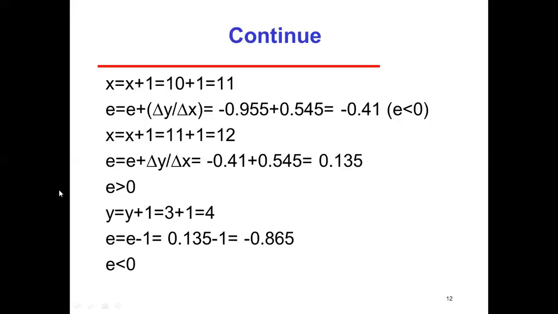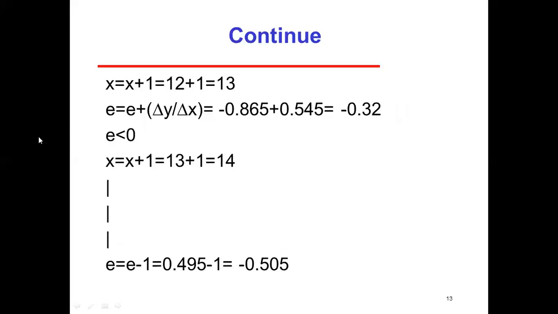We can write here E is less than 0, and then again add x is equal to x plus 1. The last value we have already solved, 12 plus 1 is 13. And the new value of E is equal to E plus delta y over delta x, and this will come again negative. E is less than 0, and we will solve and so on.